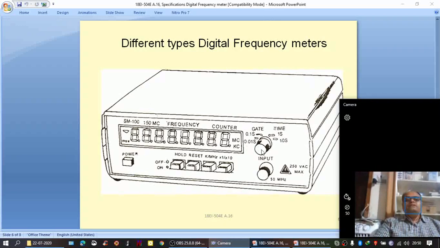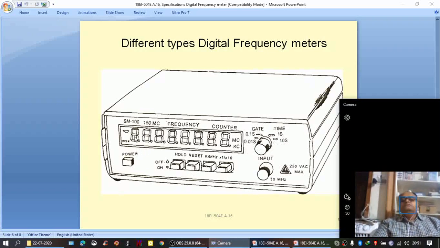And you can see the gating pulse width range switch, starting from 0.01 second, 0.1 second, 1 second, and 10 second. Only 4 ranges are there in this, and generally there would be 6 ranges starting from 1 second to 1 microsecond.